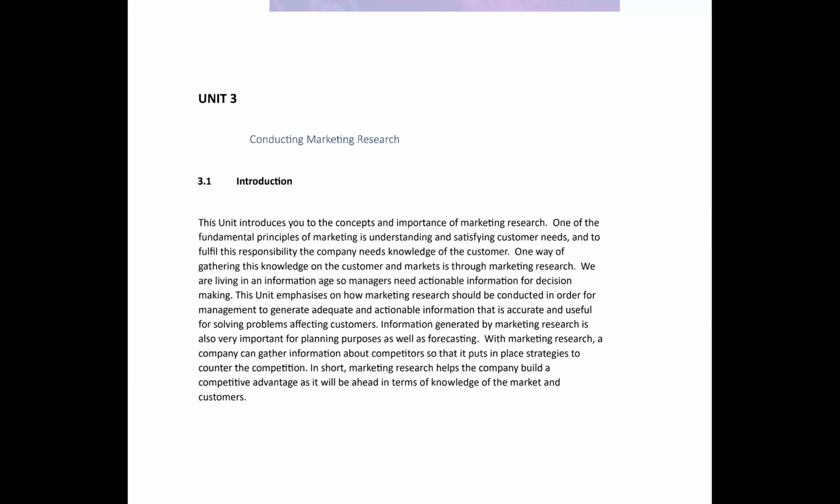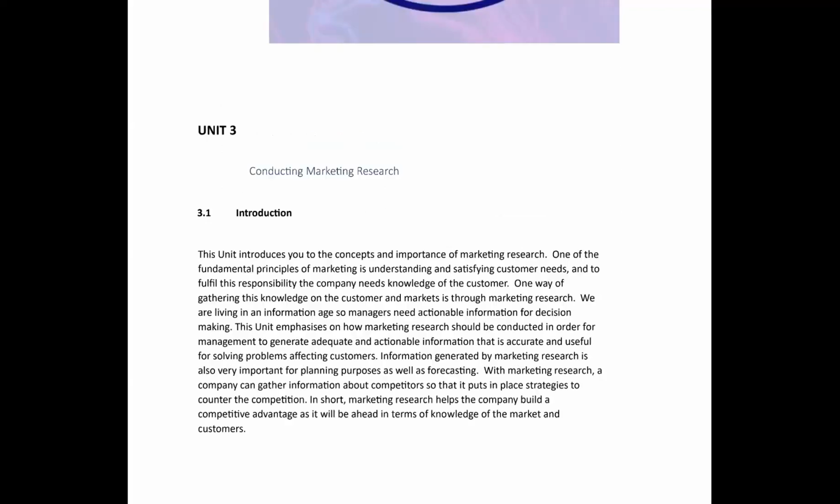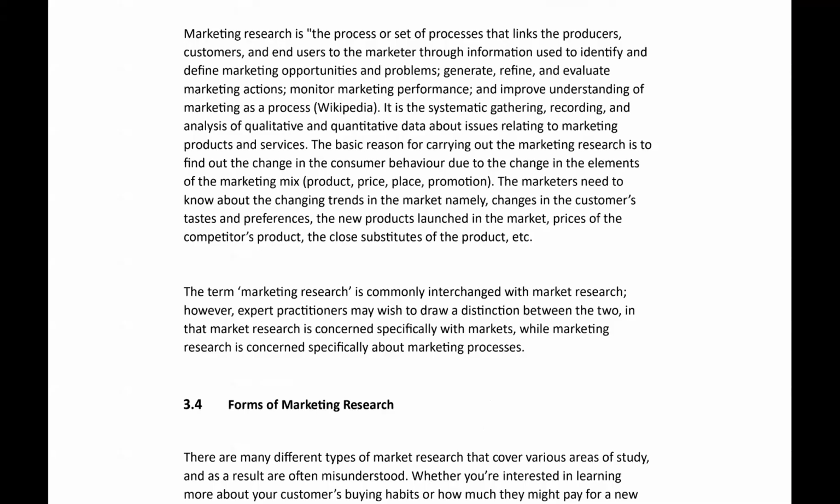So this unit emphasizes and helps us to understand the marketing research that should be conducted in order for the management to generate adequate and actionable information that is accurate and useful for solving problems that affect our customers. So it is very, very important that we learn how to conduct a marketing research, right?